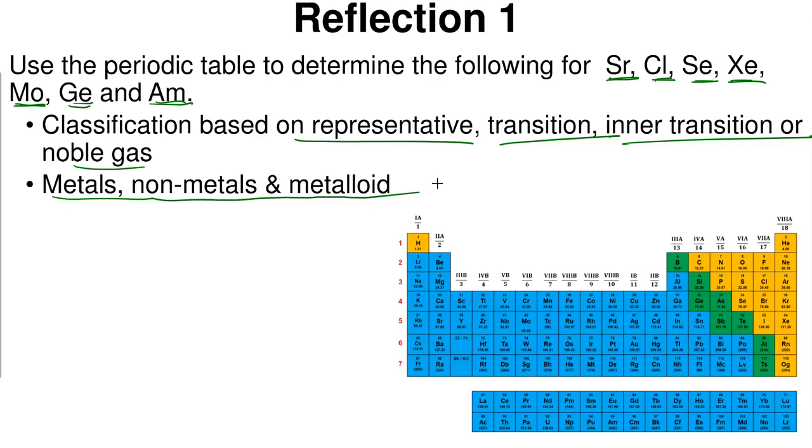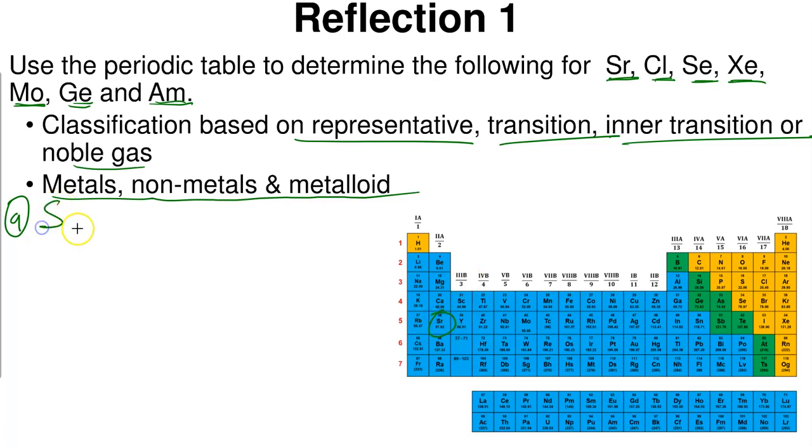So the first thing we're going to do is classify them based on the representative group. So the representative, we want to say A. The representative groups are group 1 to group 8, excluding the transition and the inner transition. So let's try to locate a few of them. Let's start from strontium. Strontium is in group 2.